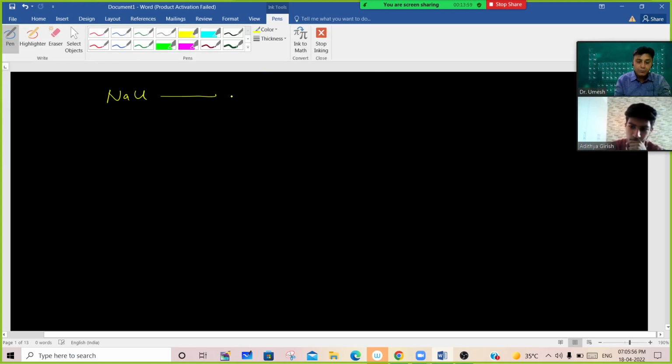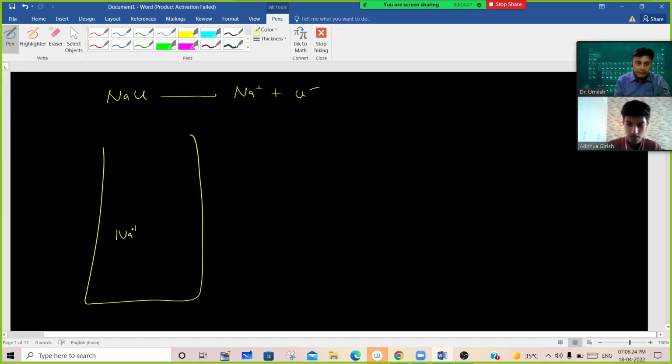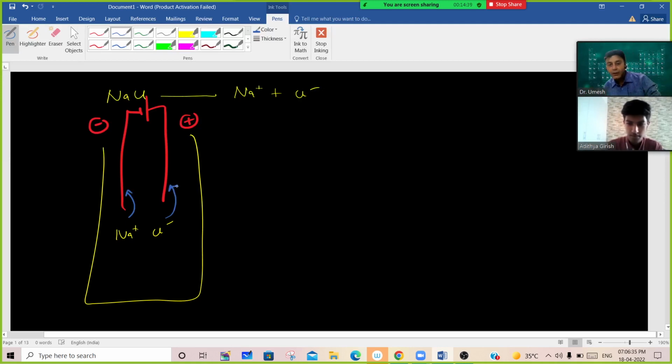it changes to its ions. And if we pass a current, with a negative terminal and positive terminal, these ions will move towards the oppositely charged electrode.